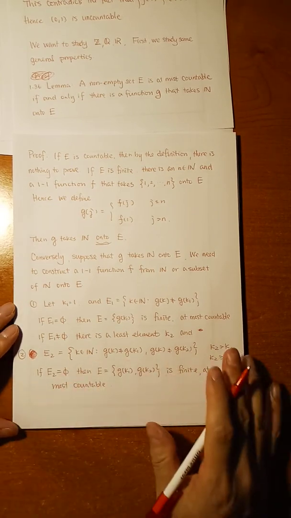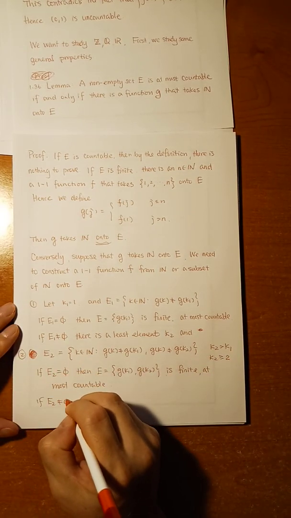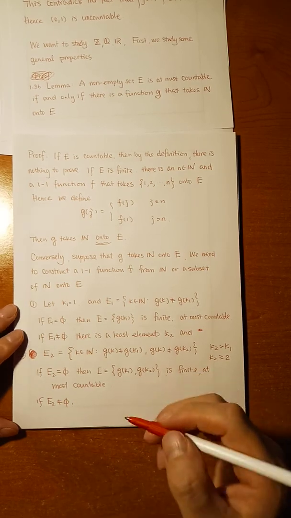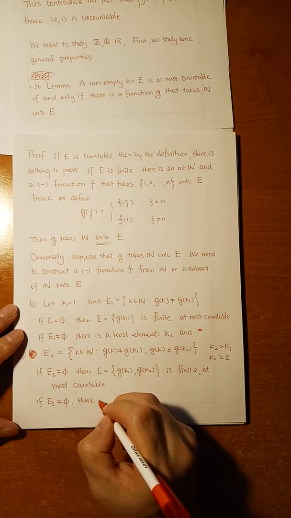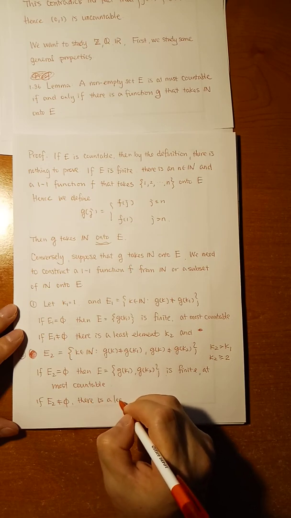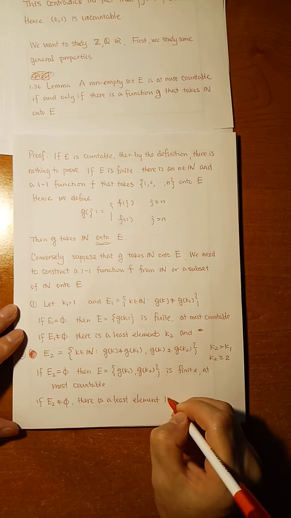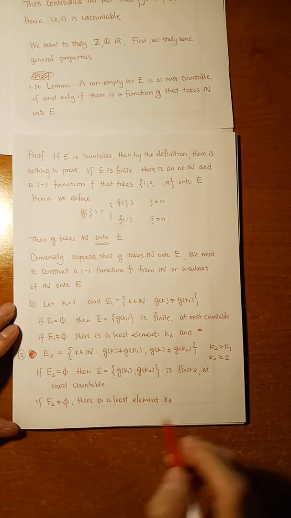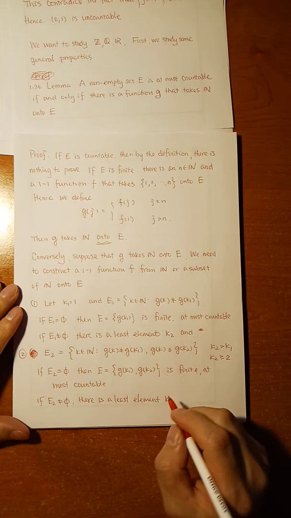Alright, so it's done. If the set E2 is not empty, it's a subset of natural numbers, and by the well-ordering axiom there is a least element K3. You always get the next index.